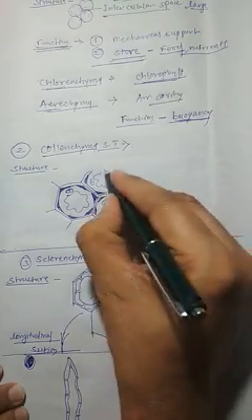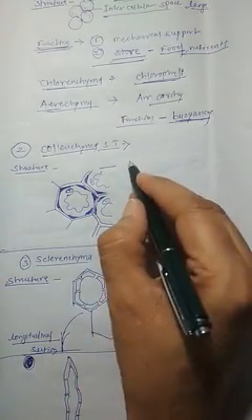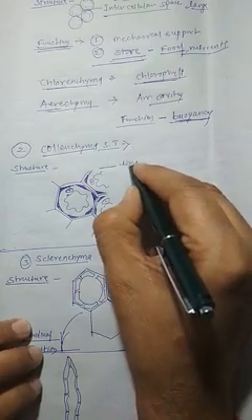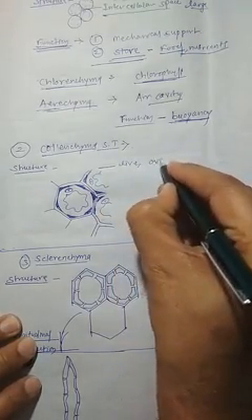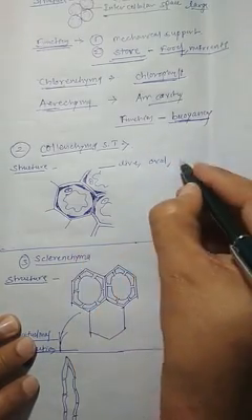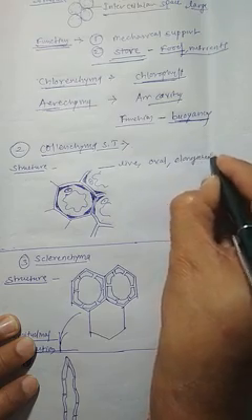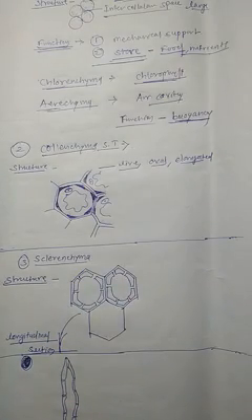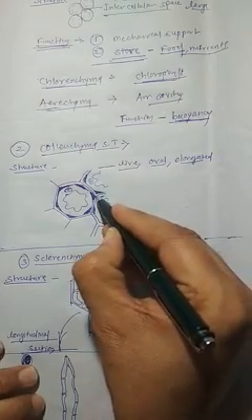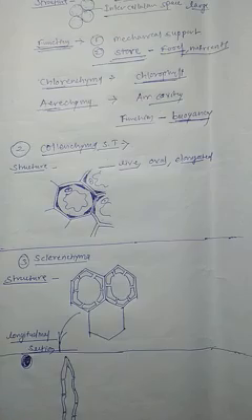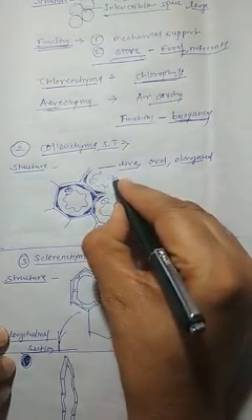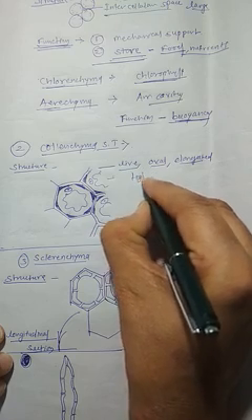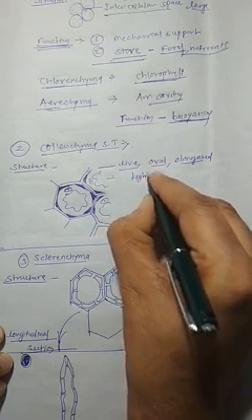Collenchyma is made up of cells which are live, oval and elongated, like parenchyma, but here there is no intercellular space present. It means these are tightly packed.